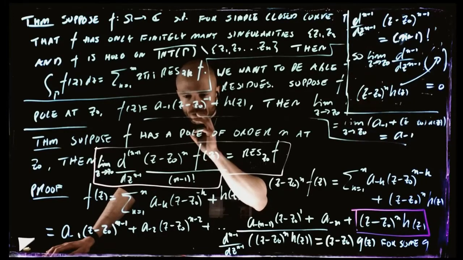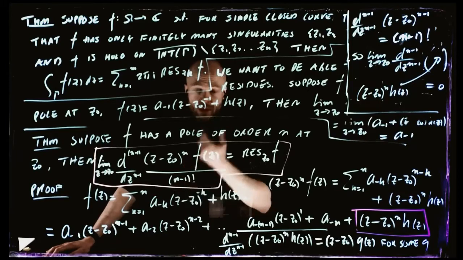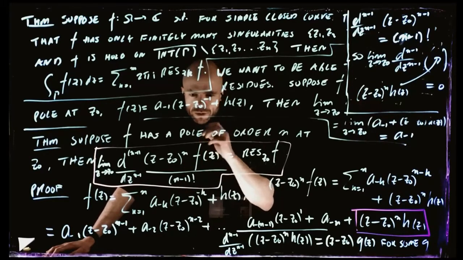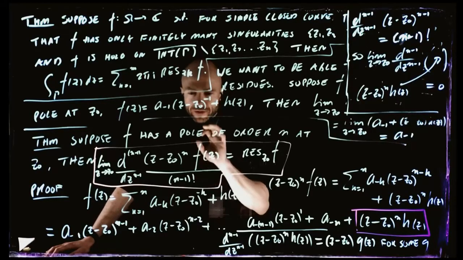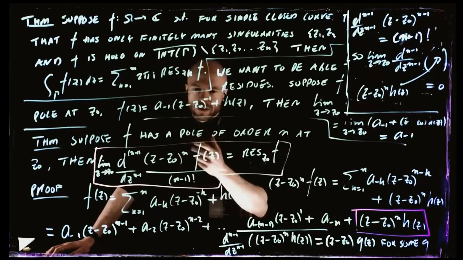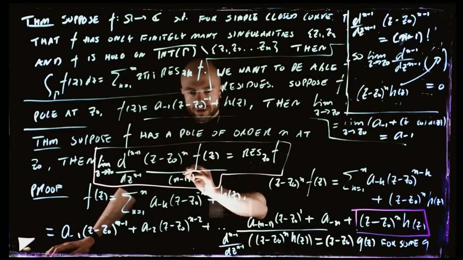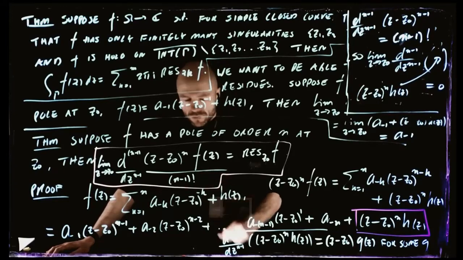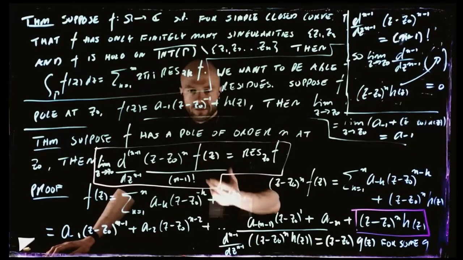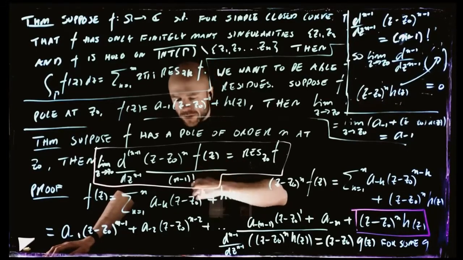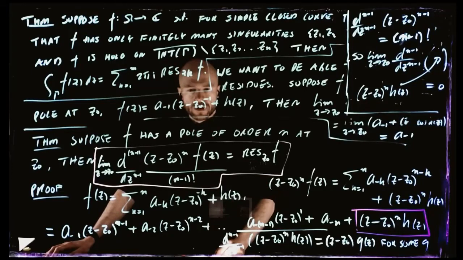So when you revise for this topic, just take a piece of paper, and with the expansion, which you should know at this point, and the memory that you're going to multiply by z minus z0 to the n and do some differentiation, work out the formula. Once you've worked it out a couple of times, you will not have any problem with the formula, because it will seem natural to you. Just watching me, it might seem natural, but it won't seem nearly as natural as if you actually work it out yourself.